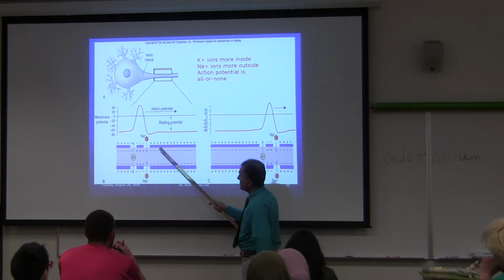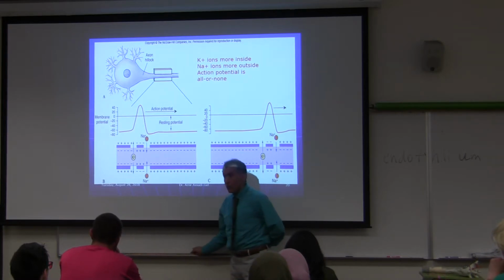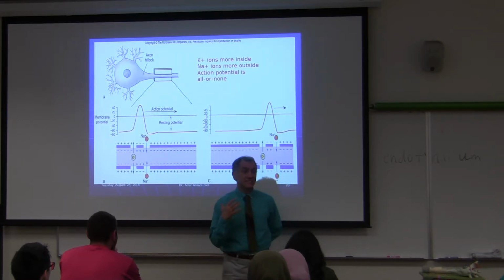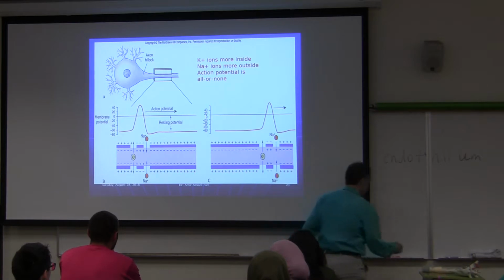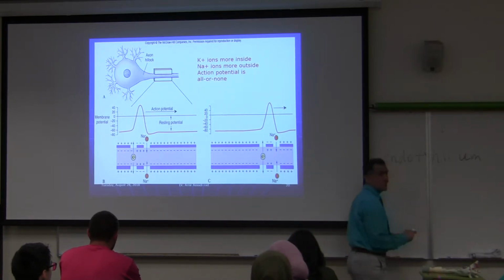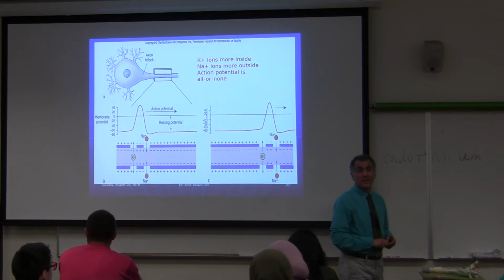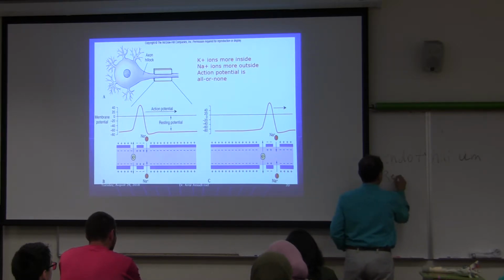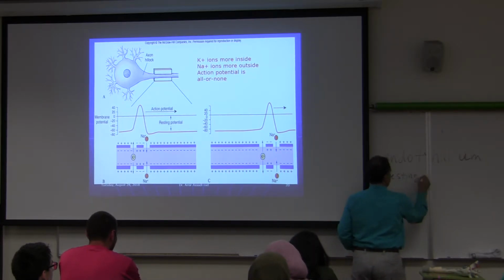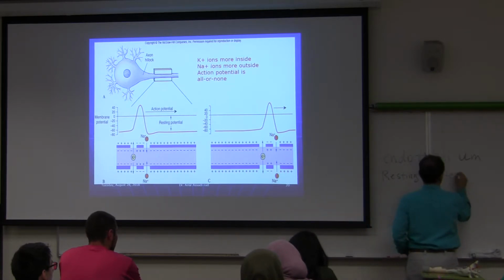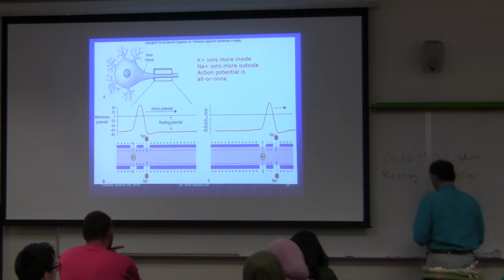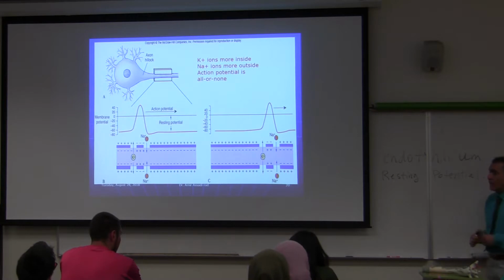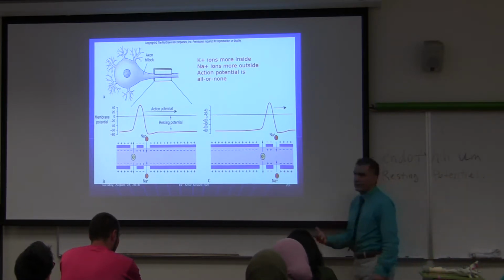So what happens, you guys, when a neuron is at rest? They call it resting potential. The stuff that I can spell, I write on the board. The stuff I cannot spell, I say look it up. Resting potential is when a neuron is not stimulated.